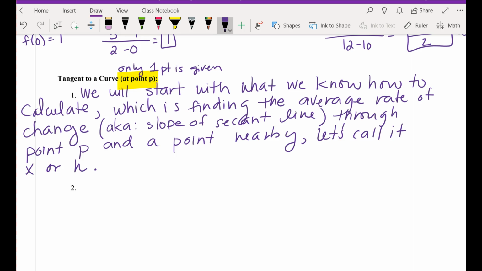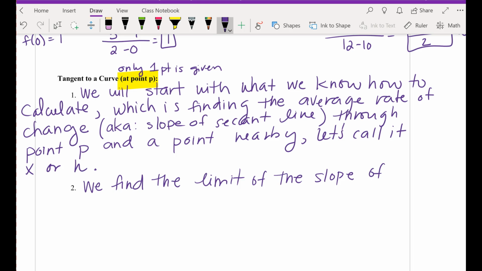Okay. Next, we find the limit of the slope of the secant line. Would you agree we now have 2 points? One's given and one we pick. Okay.